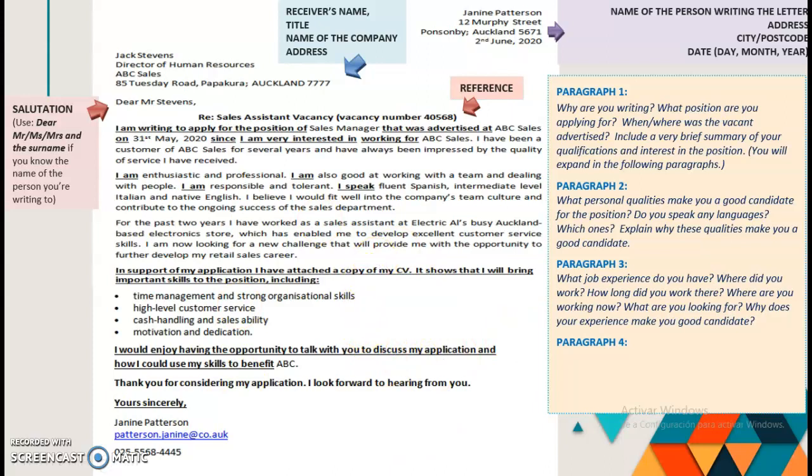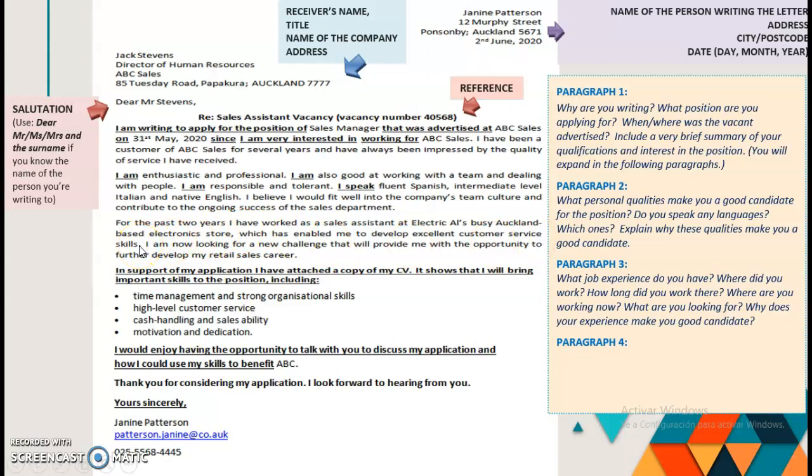Everything related to your job experience would be really important in this paragraph. For example, "For the past 2 years, I have worked as a sales assistant at Electricals BC, an Auckland-based electronics store, which has enabled me to develop excellent customer service skills."